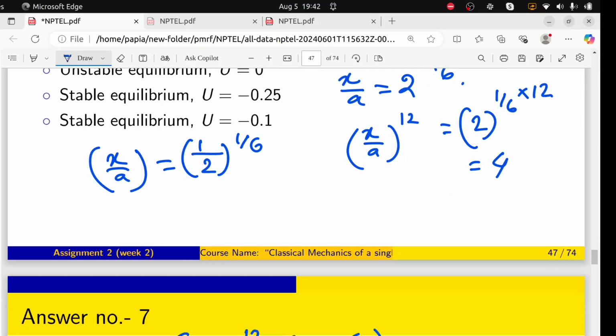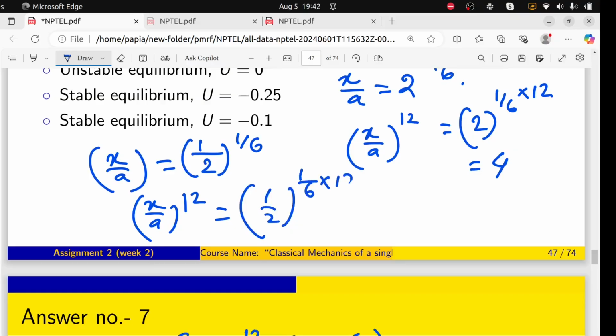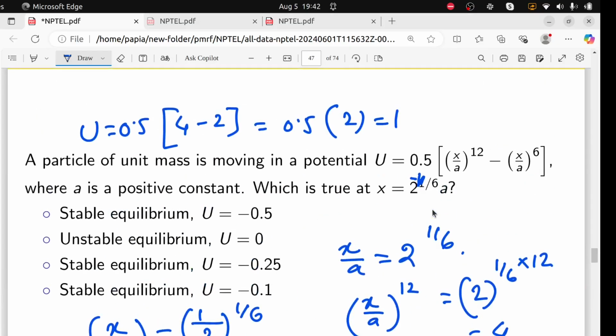So x by a to the power 12 is 1 by 2 to the power 1 by 6 into 12. So it is 1 by 2 square, so 1 by 4. Okay. Now x by a to the power 6 is 1 by 2 to the power 6 into 1 by 6. It is 1 by 2.